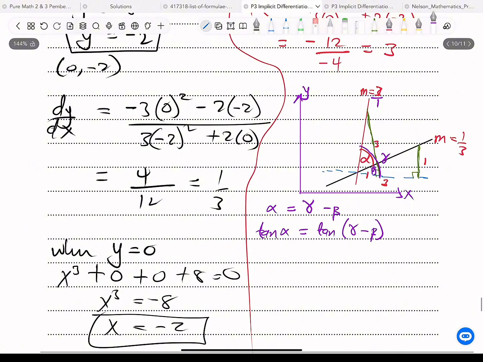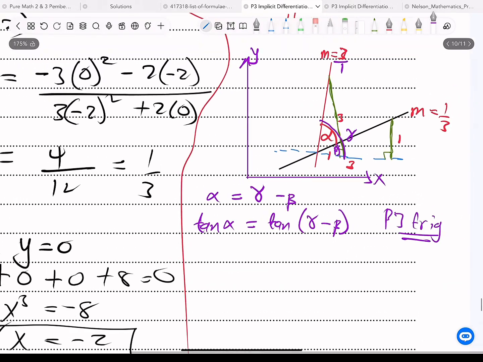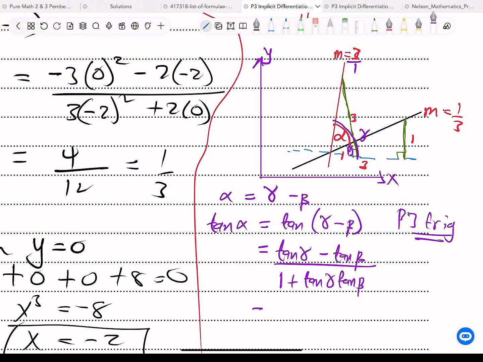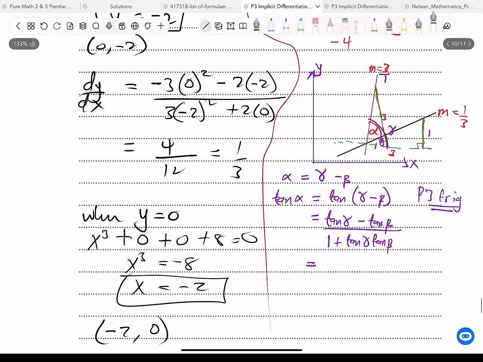So this means that if you have a case like this, go to P3 trigonometry, okay, and apply what we call the compound angle. So let's apply the knowledge of the compound angle. So this means tan gamma minus tan beta all over 1 plus tan gamma tan beta. All right. So we are just applying P3 here.